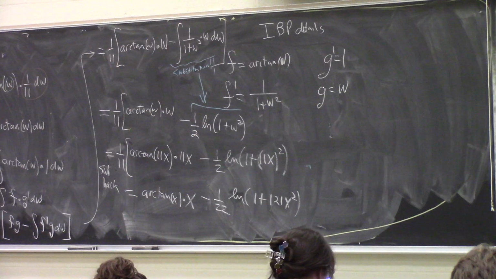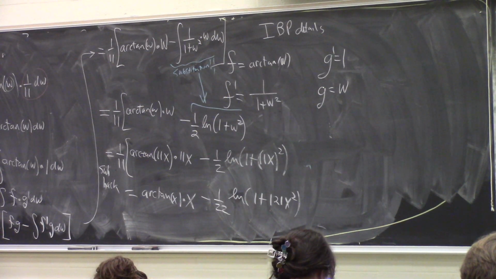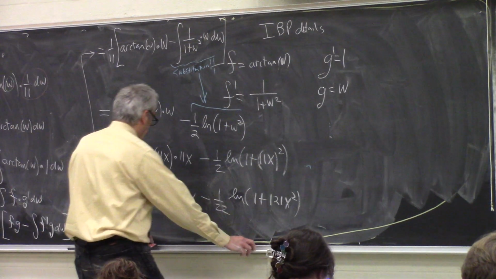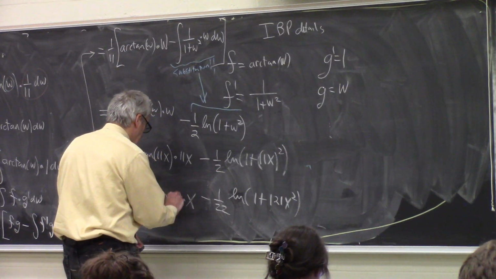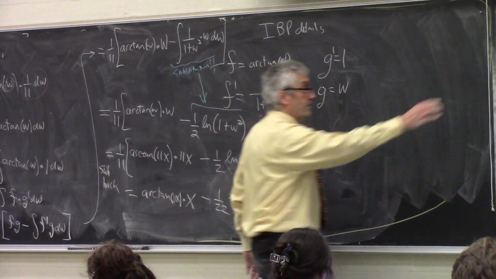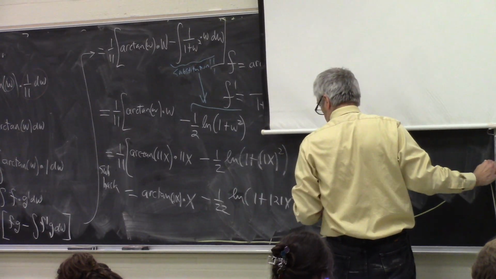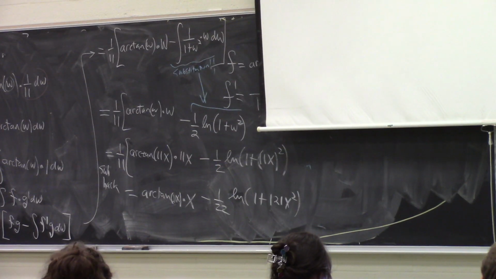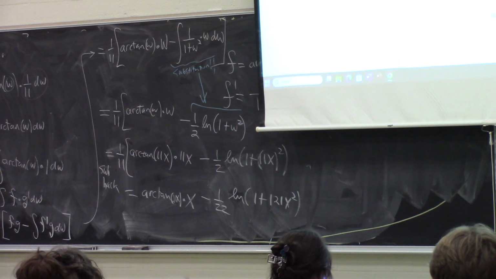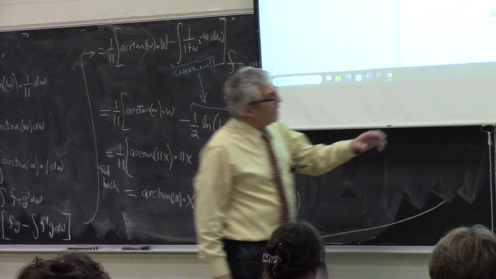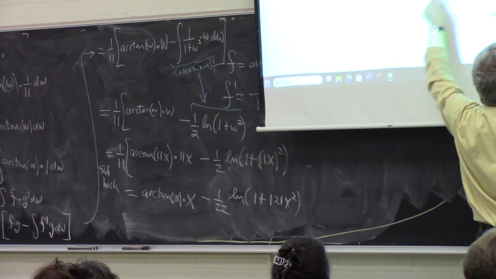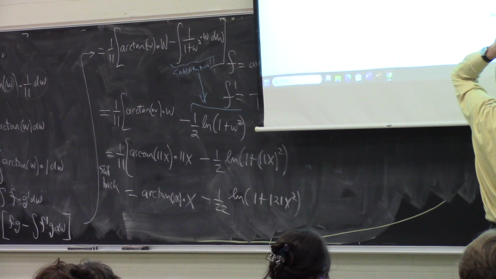I'm not going to show you in case it's wrong. Oops. This is supposed to be 11x. So let's see. So there's our x arctan 11x term over there, and then minus 1 over 22 ln of 121x squared plus 1.